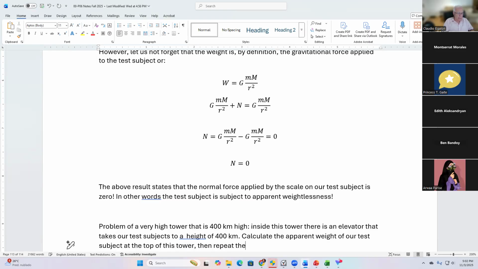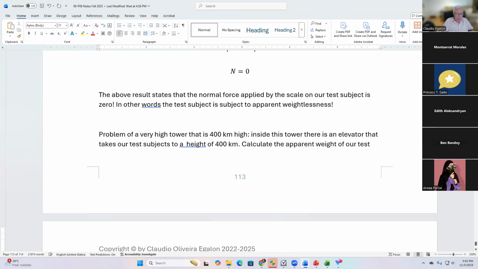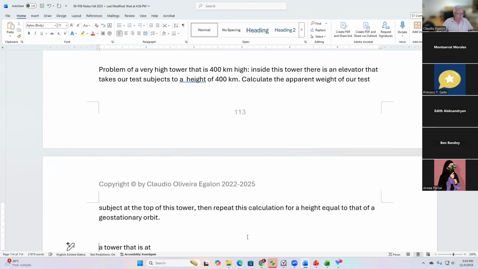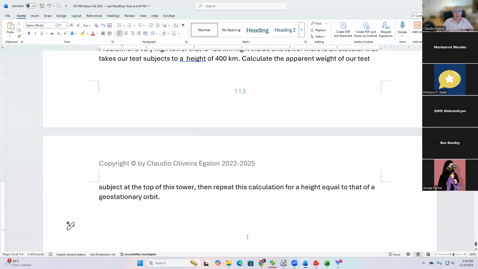Then repeat this calculation for a tower that has a tip. Then repeat this calculation for a height equal to that of a geostationary orbit. Okay. Now we are using the right word here.